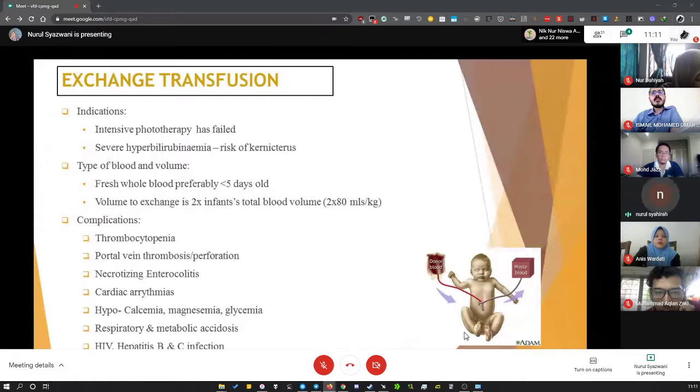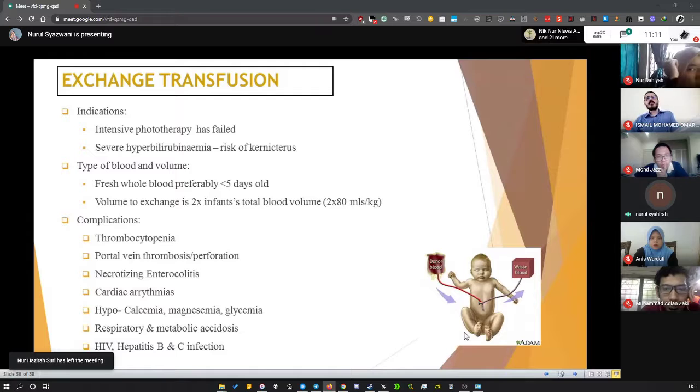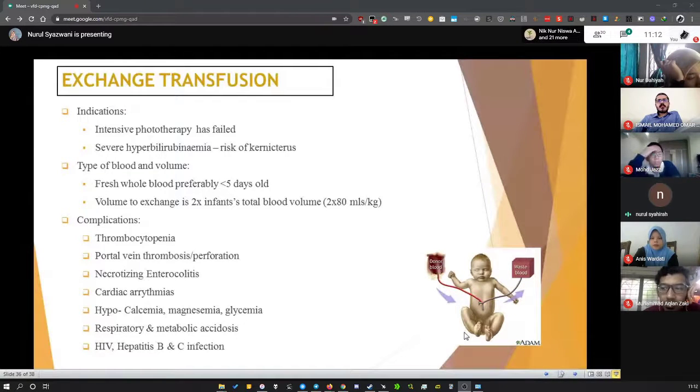Okay, next treatment is the exchange transfusion. The indication for exchange transfusion is if intensive therapy fails, and if the baby has severe hyperbilirubinemia, in which they may have risk of cardiac arrest. The type of blood and volume used in exchange transfusion is fresh whole blood, and the volume is the infant's total blood volume.